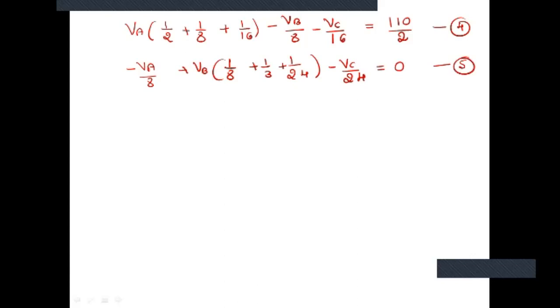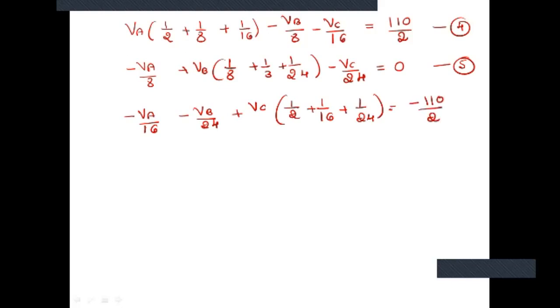And the third equation, let me write it again: VA by 16 minus VB by 24 plus VC times (1 by 2 plus 1 by 16 plus 1 by 24) is equal to minus 110 by 2, as the sixth equation.